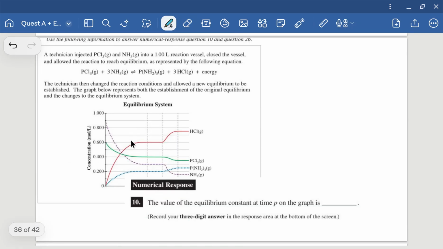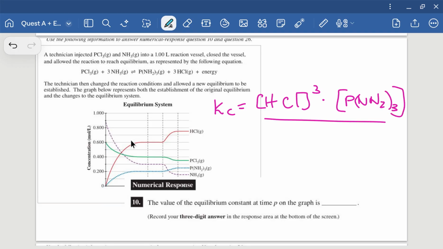This next one, you're showing that you know how to read the graph at equilibrium, pulling out values and also writing out the equilibrium expression. So my equilibrium expression would be the concentration of HCl cubed times the concentration of that big long compound, divided by the concentration of PCl3 times the concentration of NH3 to the power 3.